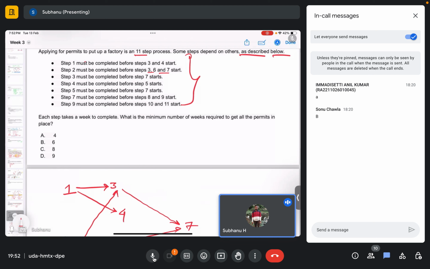Please try to complete the DAG as per the given information. If anyone has completed drawing the DAG, please let me know in the chat.